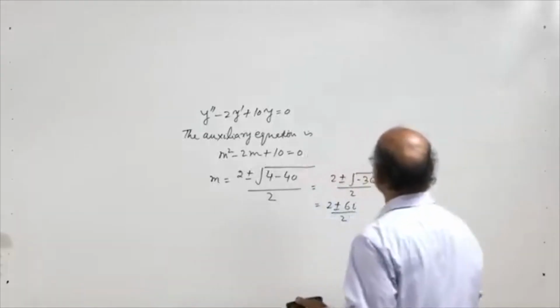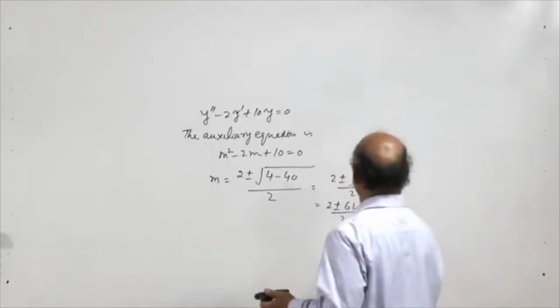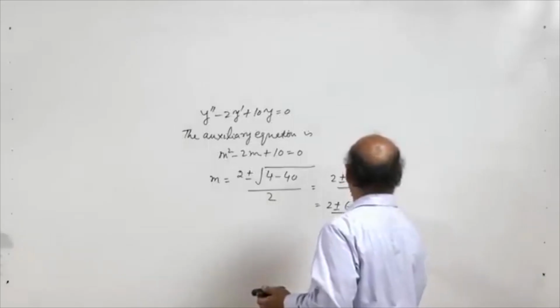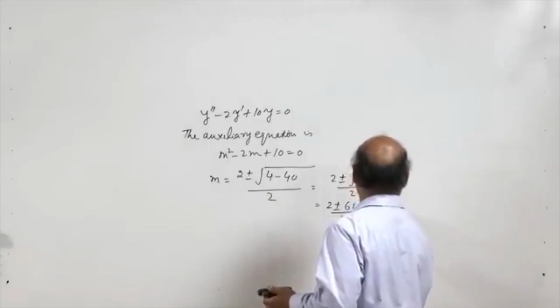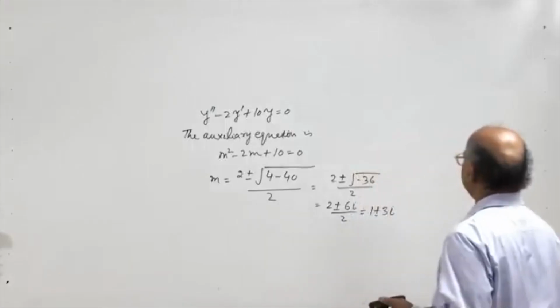So this is 2 plus minus 6i divided by 2, which is equal to 1 plus minus 3i.